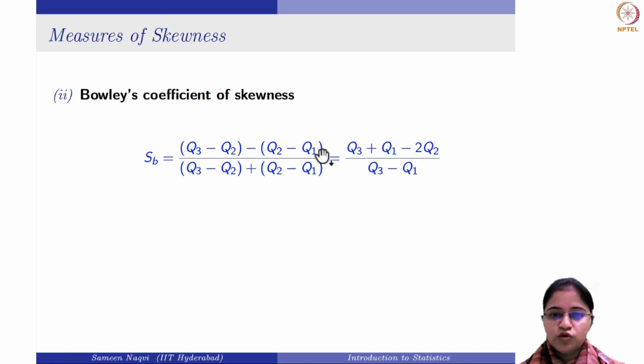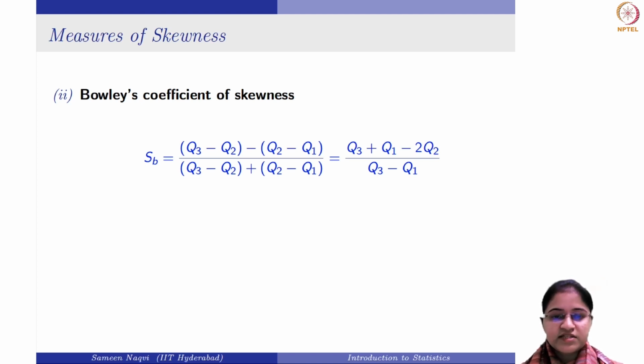So you see that in the numerator and denominator, you have the same thing with just a difference in this symbol. And if you solve this, you will get Q3 plus Q1 minus 2Q2. And here Q2 would cancel out and you will be just left with Q3 and Q1. So it basically made use of the quartiles or the interquartile range.